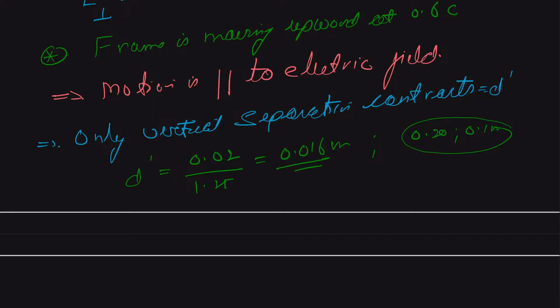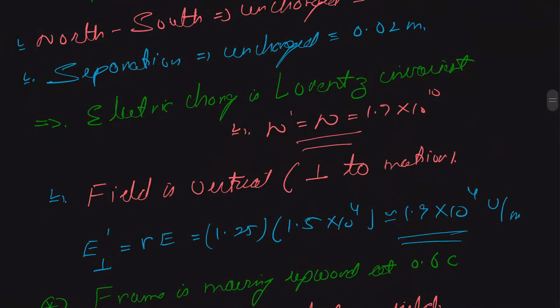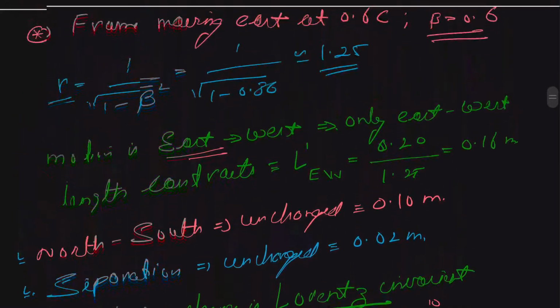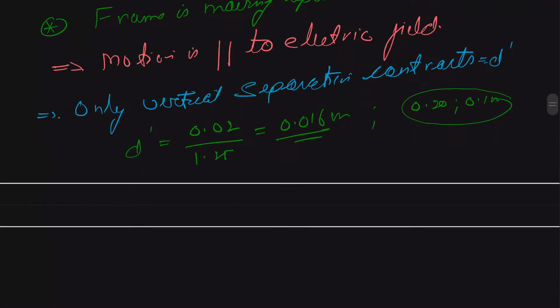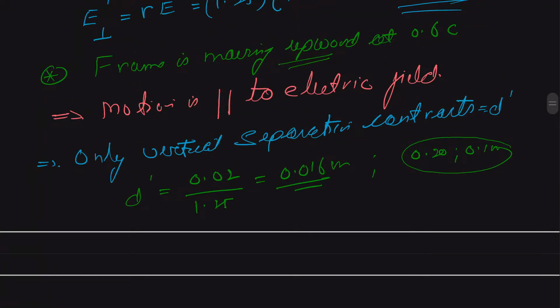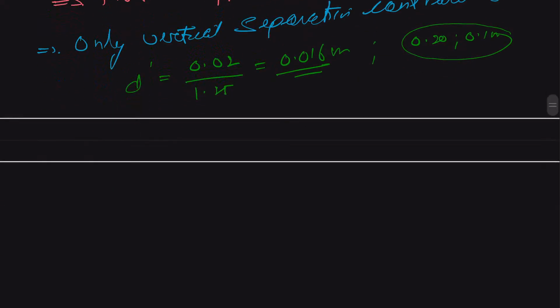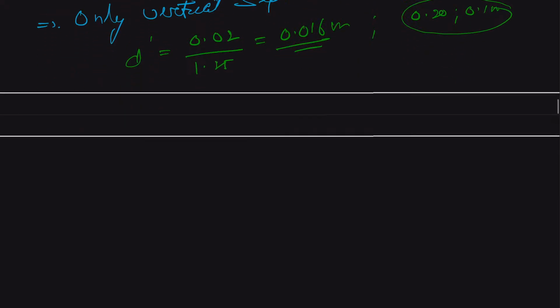And like we said, our electric charge is independent of this Lorentz factor, gamma, which we calculated here, and therefore the number of electrons in this frame moving upward is also going to remain the same. It's not going to change. Therefore we can write that the number of electrons, let us call this n double prime, will be equal to the original n, that is 1.7 into 10 to the power 10.